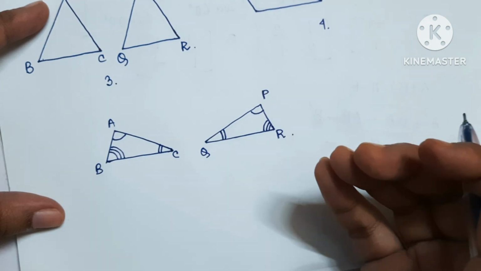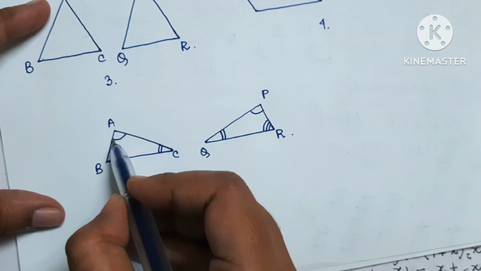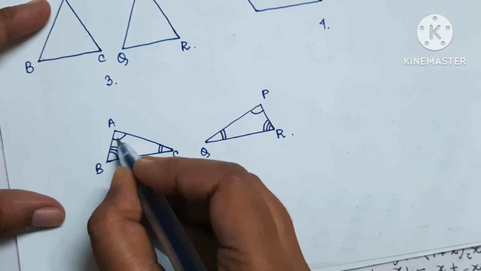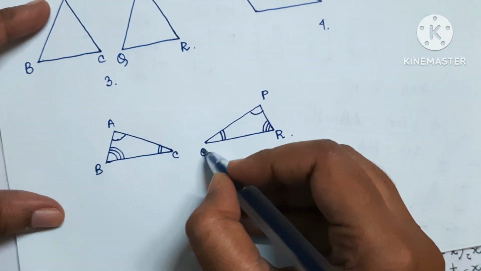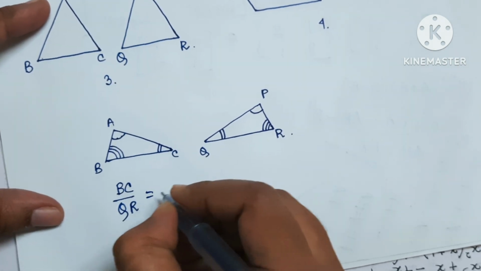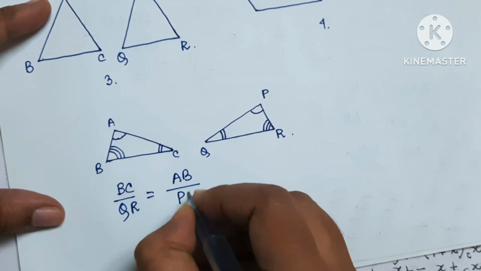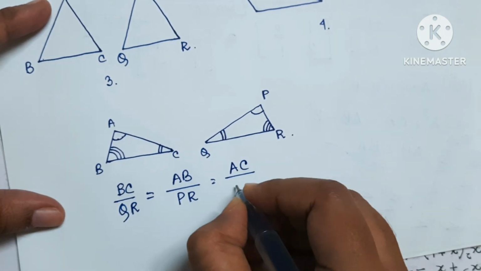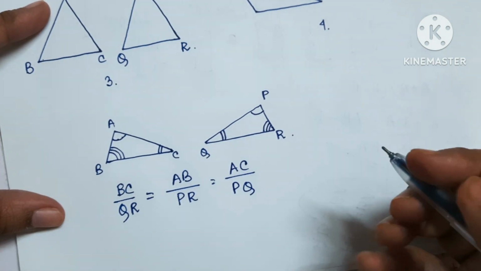And what are the corresponding sides? Since they are similar triangles, the corresponding side of angle A, that means opposite to angle A, is BC, so BC by QR is equal to AB by PR is equal to AC by PQ. Okay, understood?